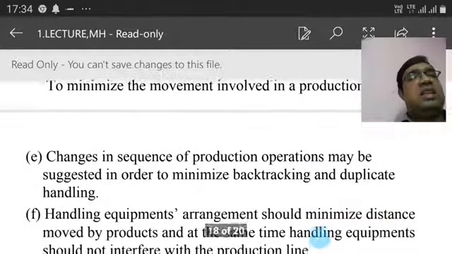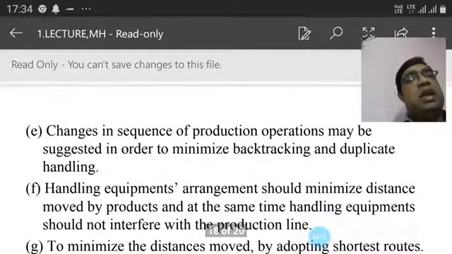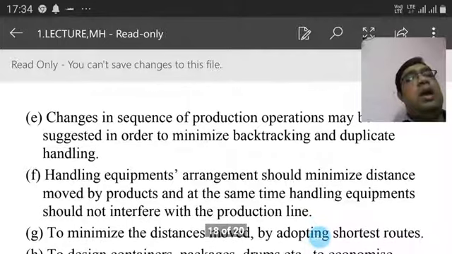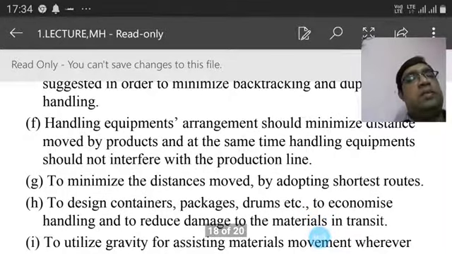Changes in the sequence of production operations may be suggested in order to minimize backtracking and duplicate handling. The handling equipment arrangement should minimize the distance moved by the product, and at the same time the handling equipment should not interfere with the production line.